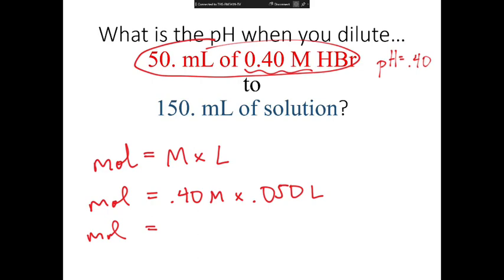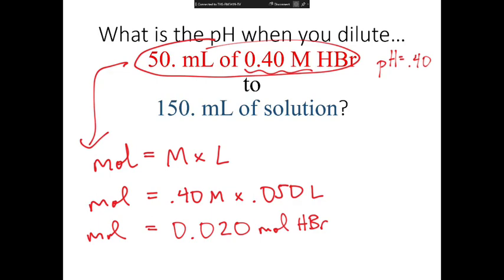And right now I'm just finding how many moles I originally had. I think 50 milliliters is 0.050, but I'm not 100% working today, so no problem. Let me know if anything looks weird. 0.020 moles of HBr. That's how much HBr I had. I added water to it, but that's still the number of moles of HBr that I had.